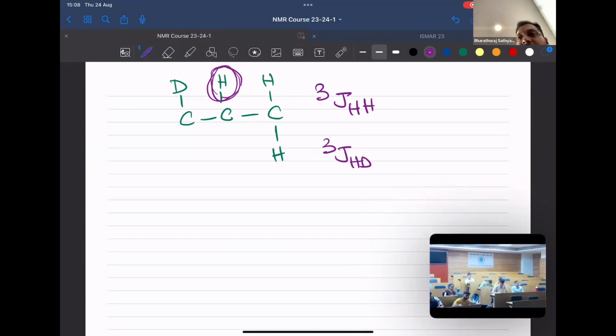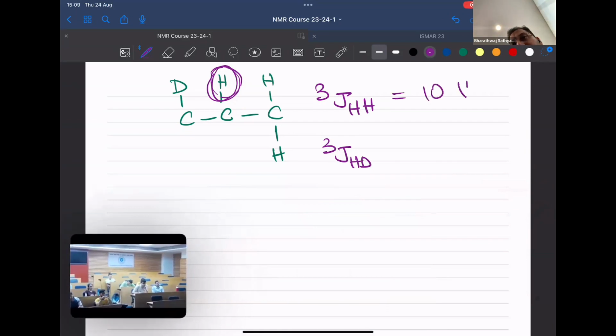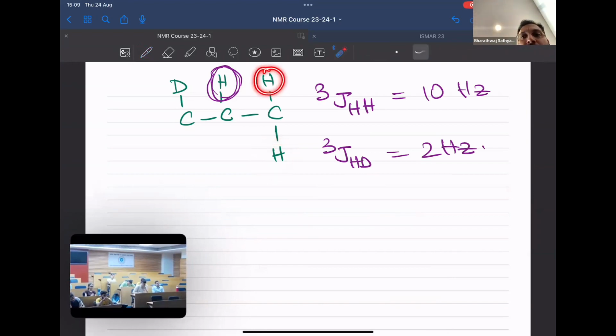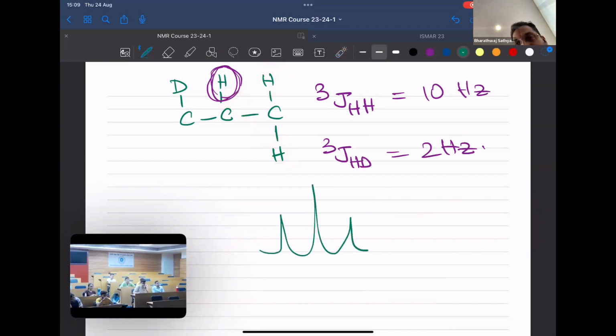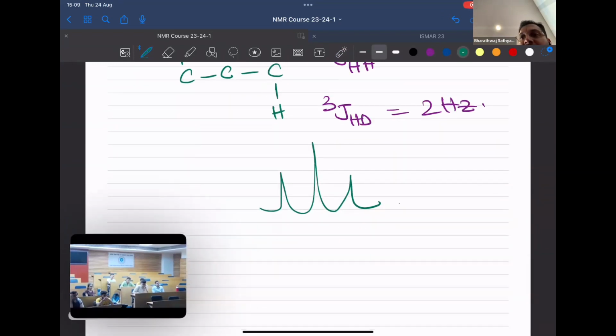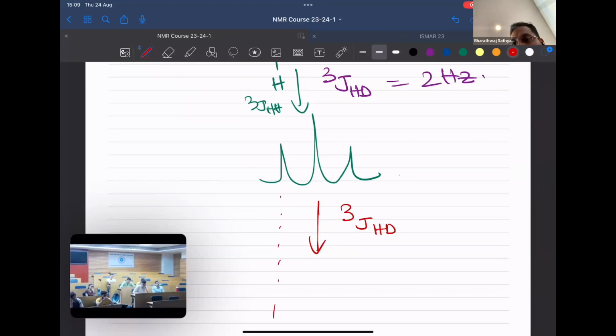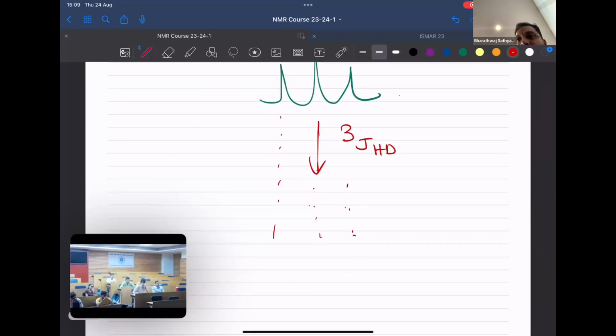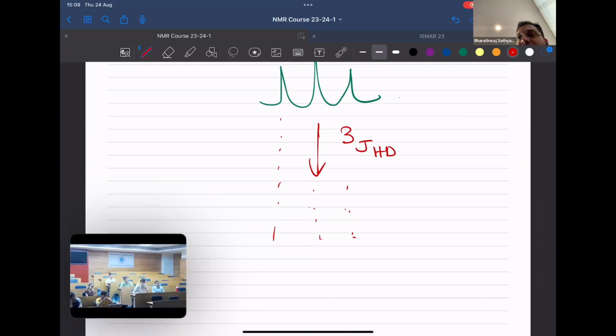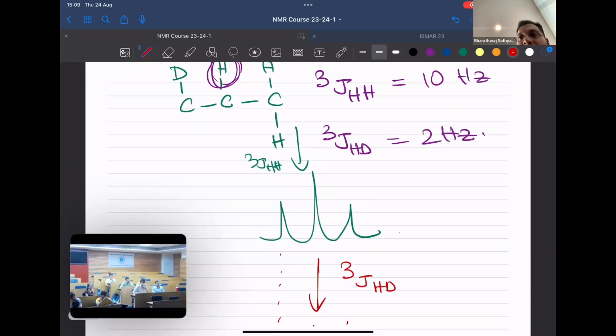And just for the sake of simplicity, let's assume that this is 10 hertz, and let's say this is 2 hertz. So what is going to happen here is that since 2 protons are present, these 2 protons will split this proton into a triplet. So first you're going to get a triplet, and this is due to 3JHH. And since you have 3JHD that's present, what is going to happen? The triplet will get further split into something. We'll see what that something is.